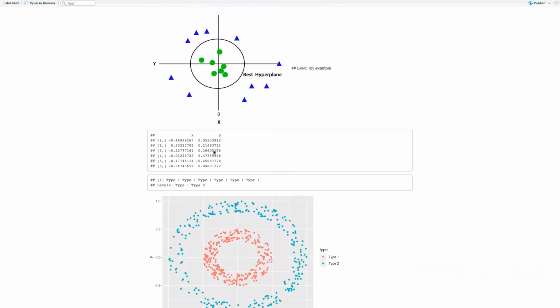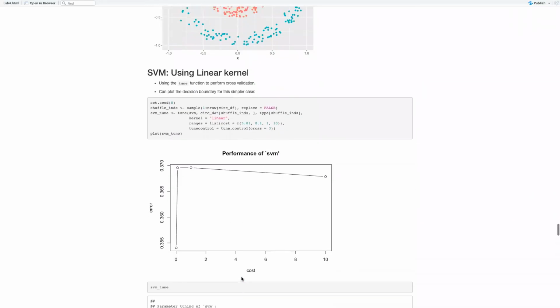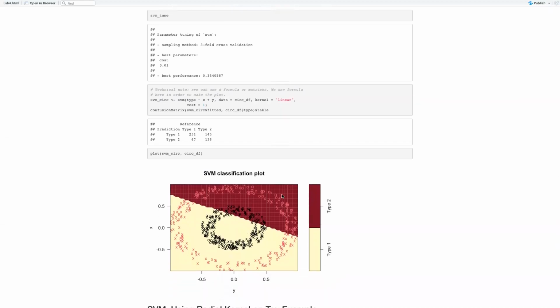For example, if we have some data like this, and we use a linear kernel, it's going to separate the data like this, where this is classified as type 2 and this is classified as type 1.